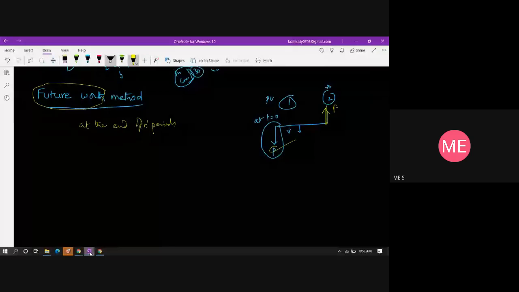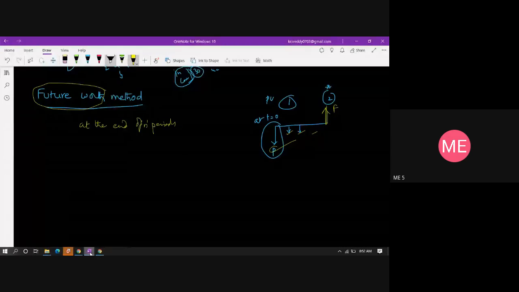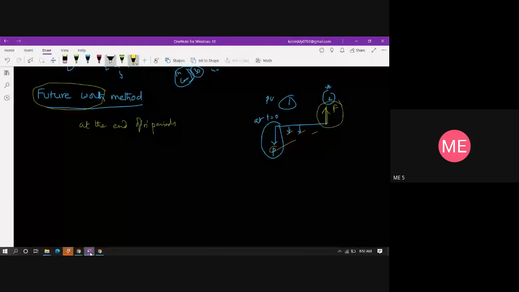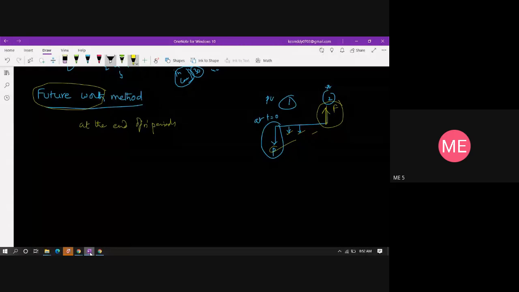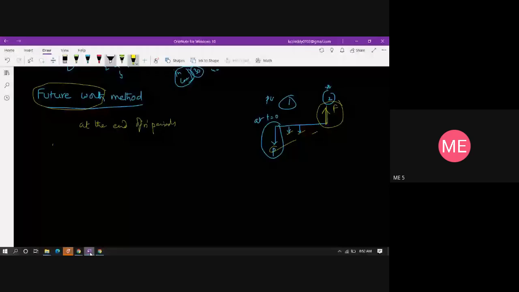P is given and the cash flows are given, and then we need to find the future worth of this alternative. We find the future worth for the different alternatives. In the case of revenue dominated or profit oriented, we look at the maximum future worth.